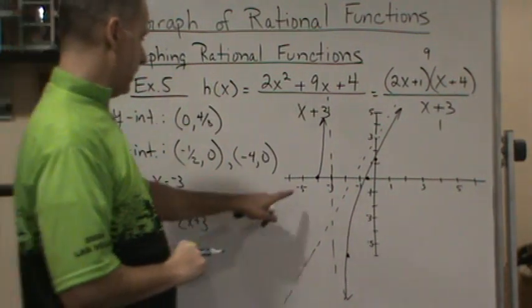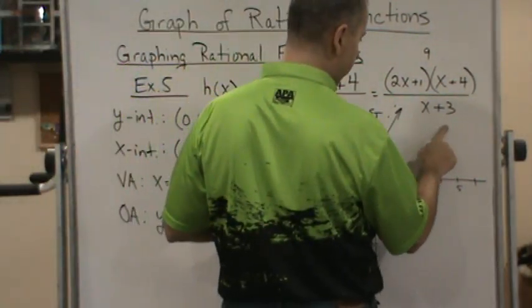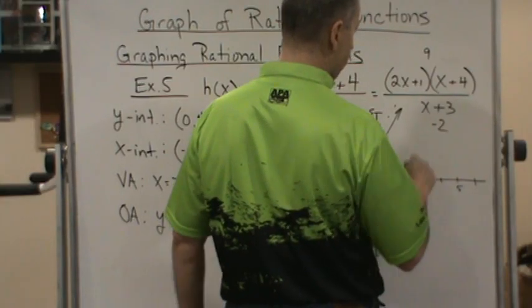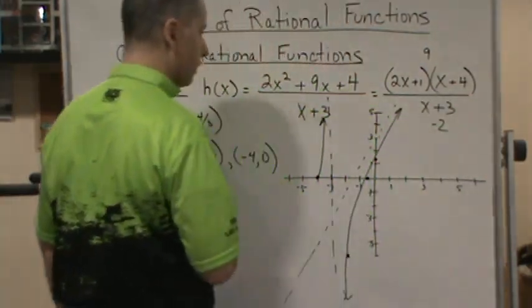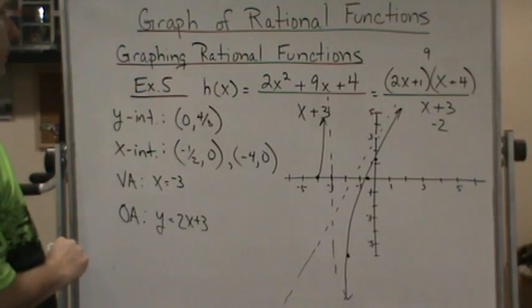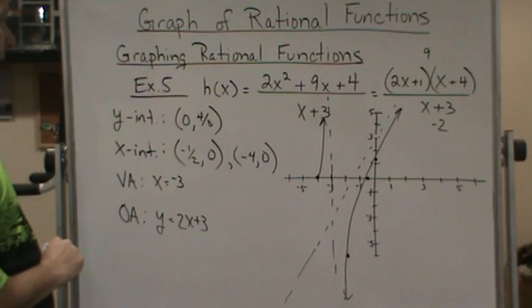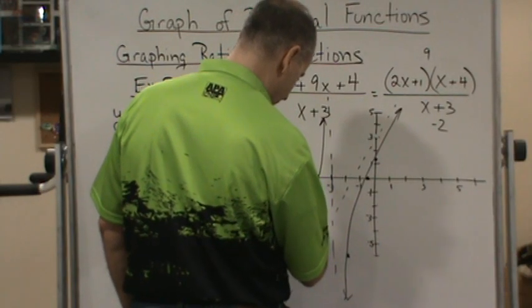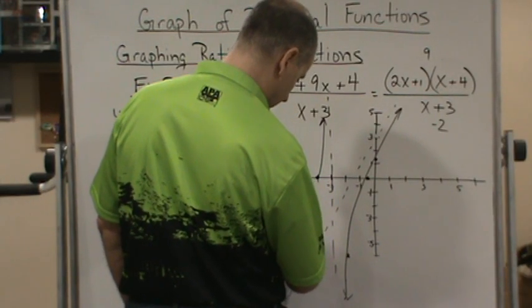And then, of course, negative 5 plus 3 in the bottom is negative 2. So it's going to be negative 9 halves, which is negative 4.5. So here, at negative 5, it's going to be down here at negative 4.5.